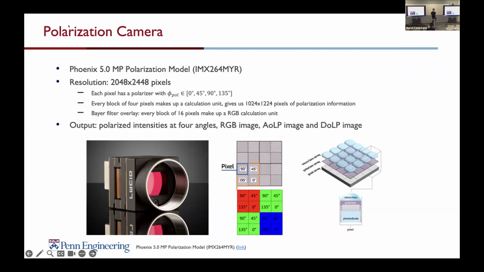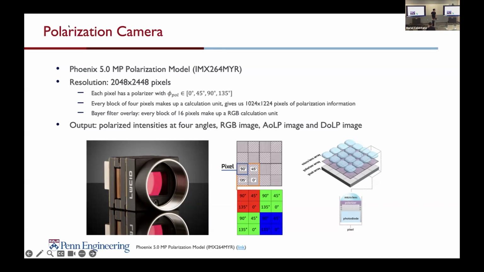Different from regular cameras, this polarization camera has an extra layer of polarizer on top of the pixel layer, which means that the light intensity collected by the pixel array is polarized light intensity in one of the 4 directions, either 0, 45, 90, or 135. As we've already seen on the previous slide, we can calculate the Stokes parameters and the angle and degree of linear polarization from those 4 polarized intensities.